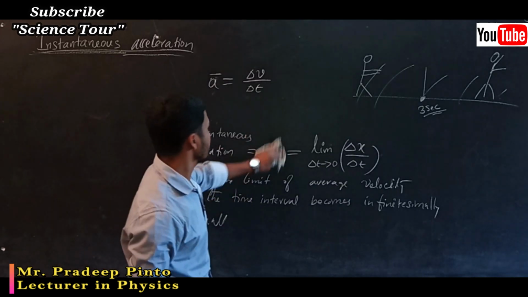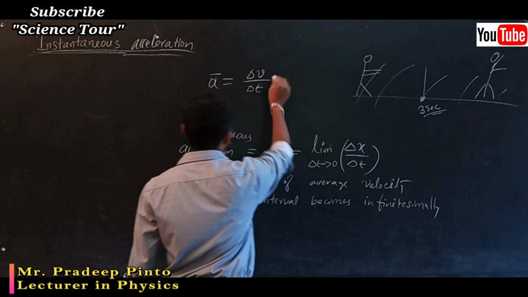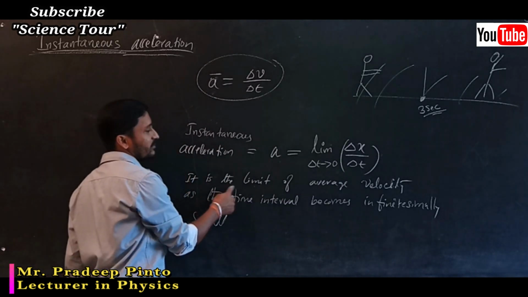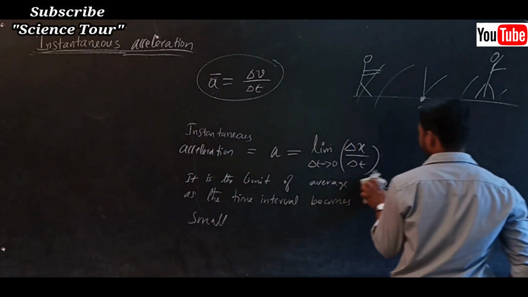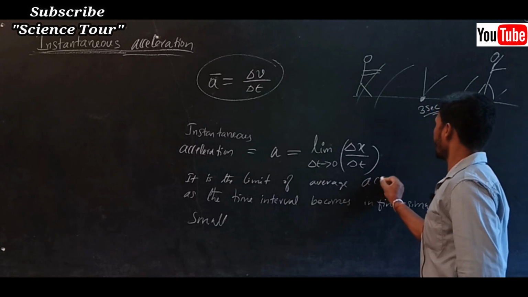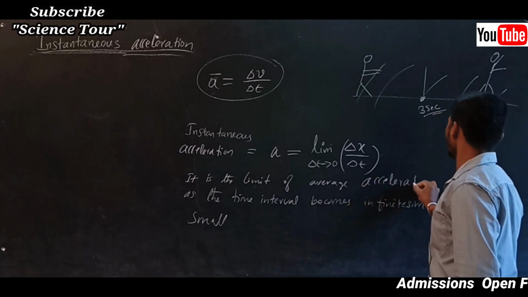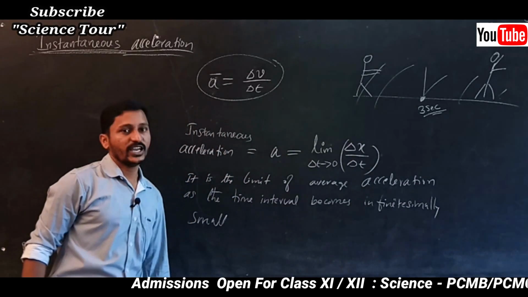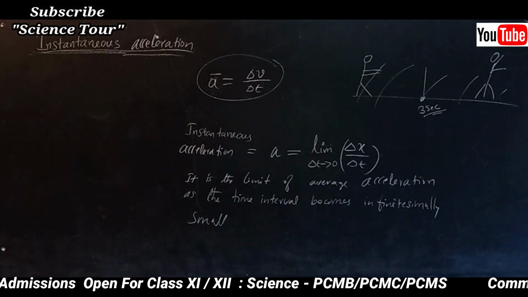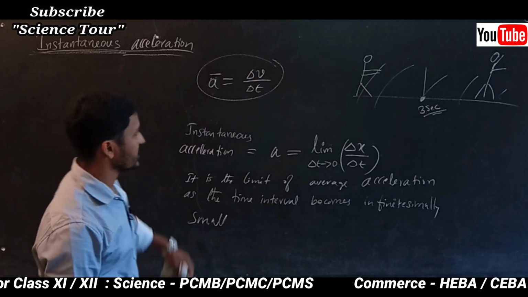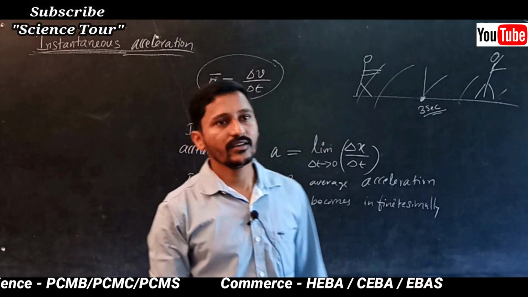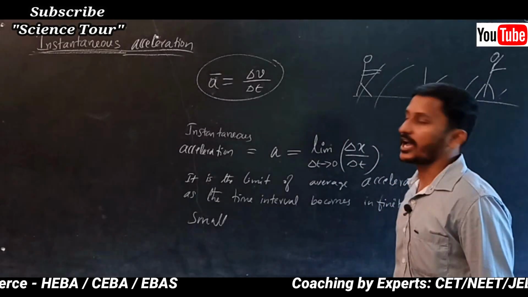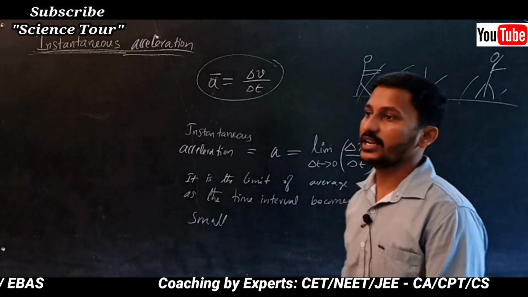It is average, and this is instantaneous. Instantaneous acceleration is the limit of average acceleration as the time interval becomes infinitesimally small.